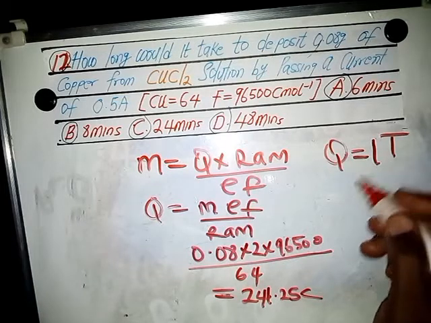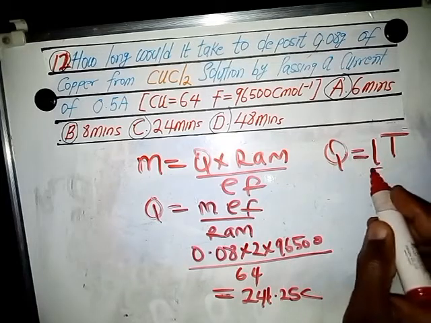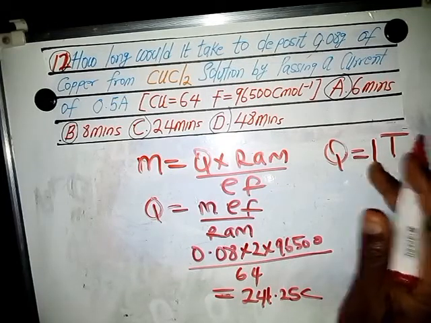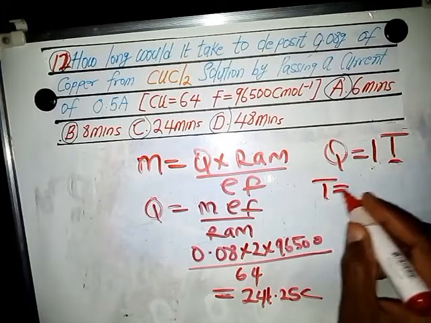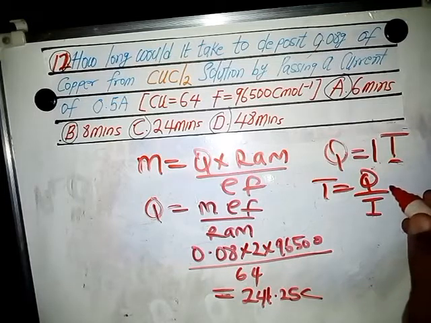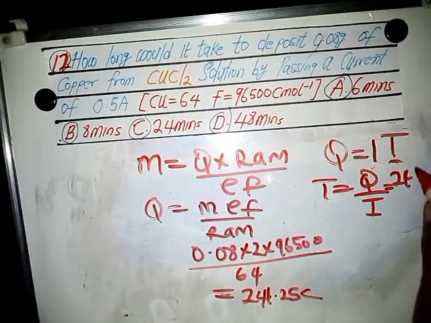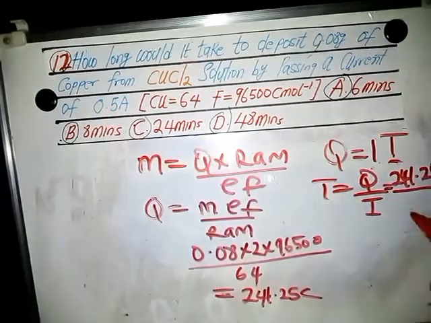Since we've gotten Q, I want to now put it here so that I can find the time. So time T equals Q over I, which is 241.25 over current is 0.5.